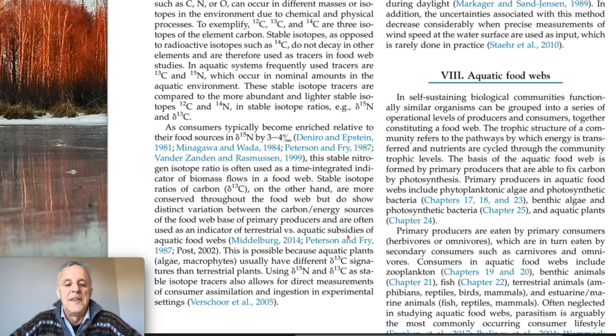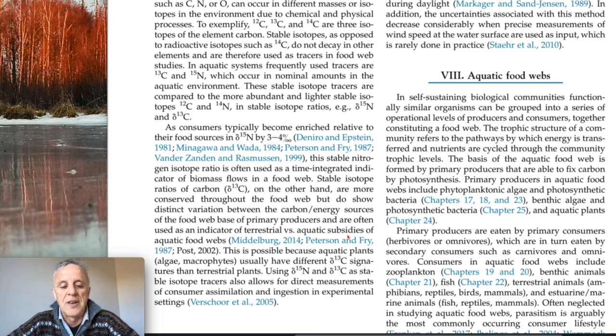For example, delta nitrogen-15 and delta carbon-13. Consumers typically become enriched relative to their food sources in delta N15 by 3 to 4 per mil. This stable nitrogen isotope ratio is often used as a time-integrated indicator of biomass flows in a food web.